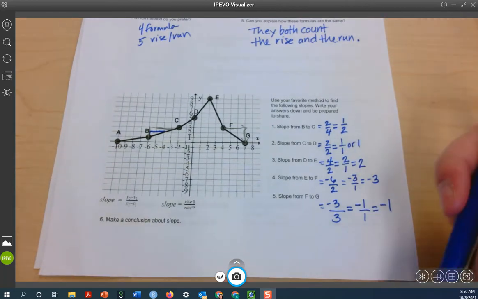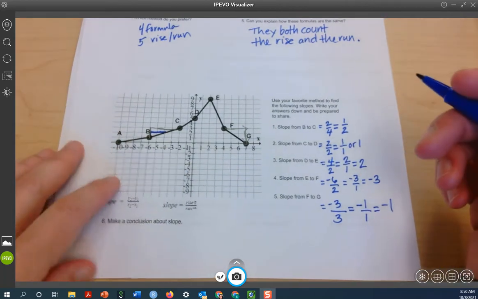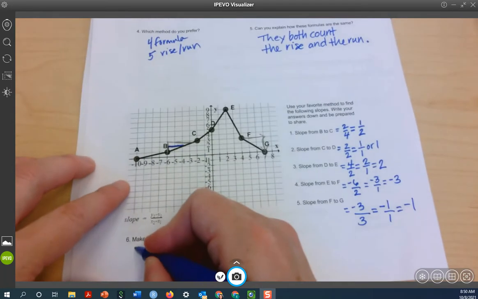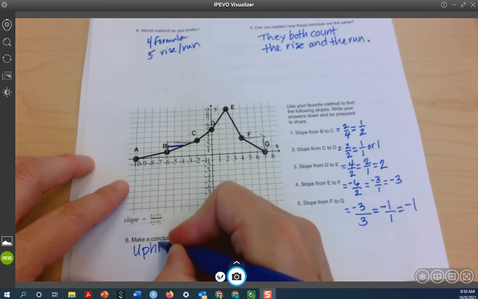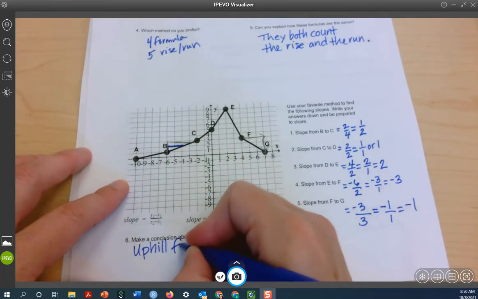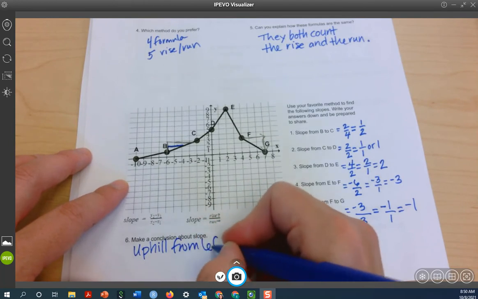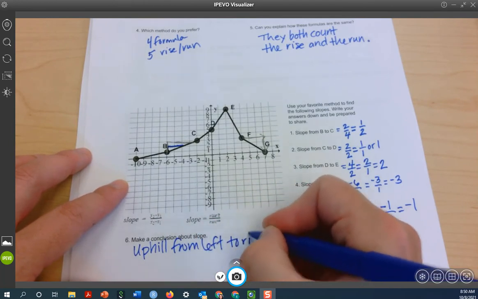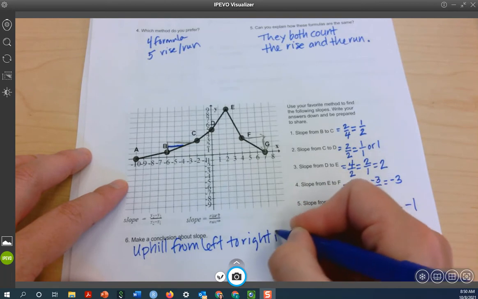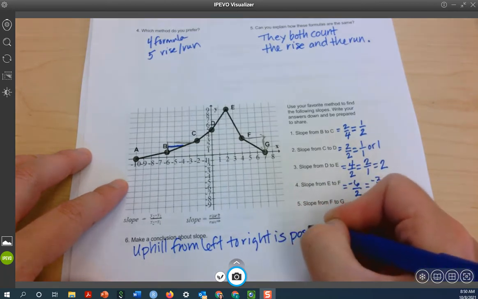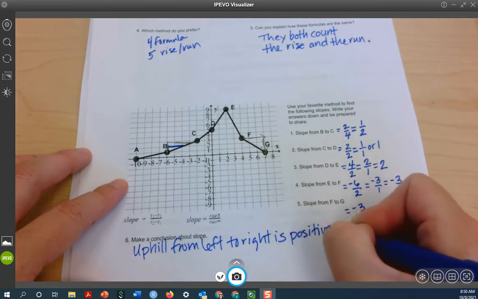So it's going to be positive if it's going uphill. So we could actually add that, okay? Uphill from left to right is positive slope.